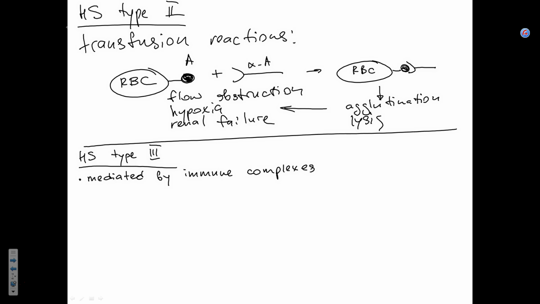In lupus, your immune system, for some reason, starts to recognize one of the components of the basement membrane. And I can't tell you which component that is. The point is, your immune system produces antibodies.